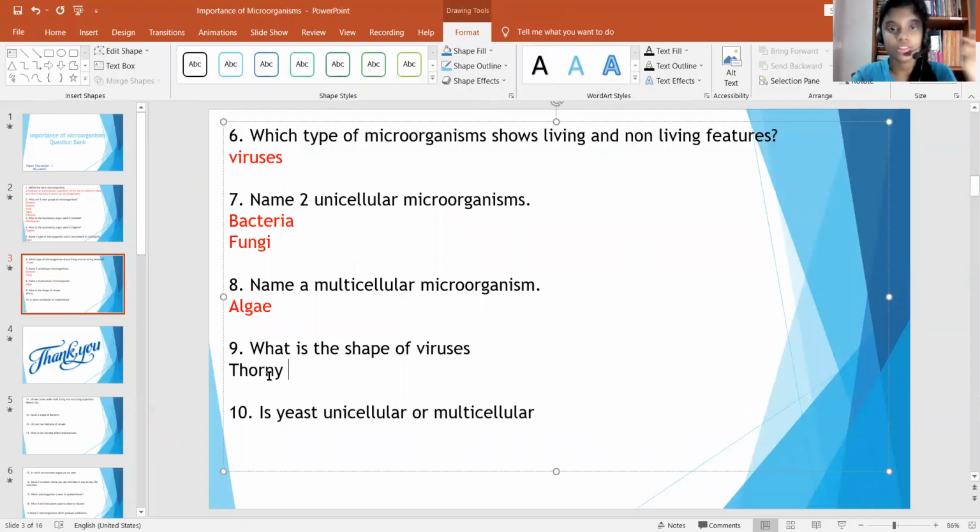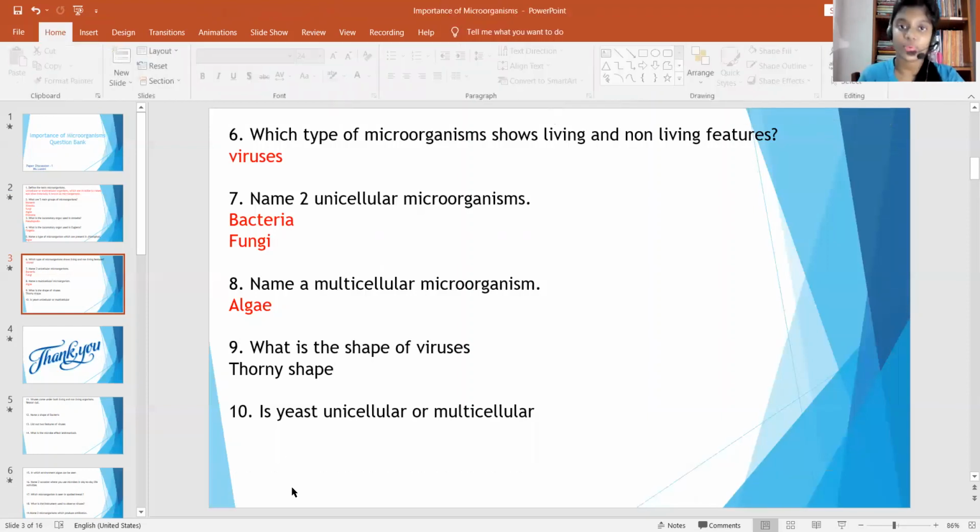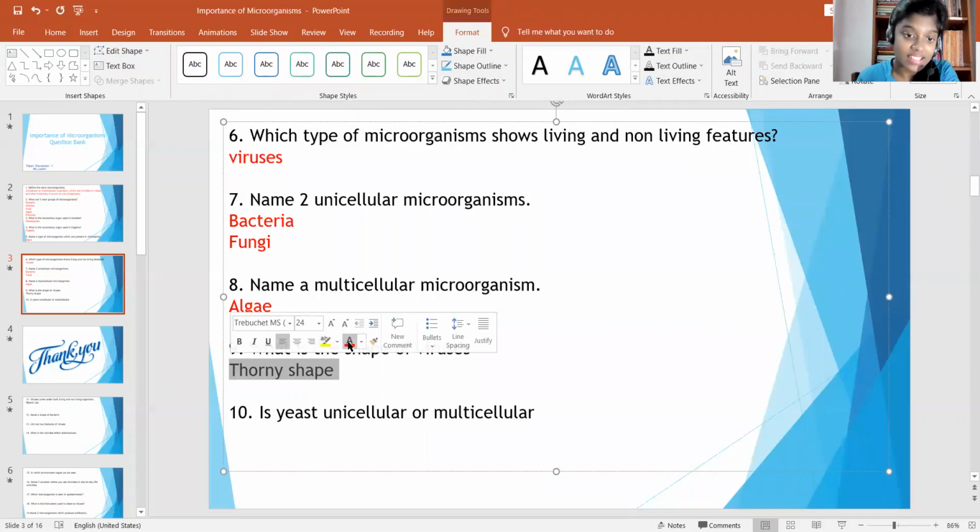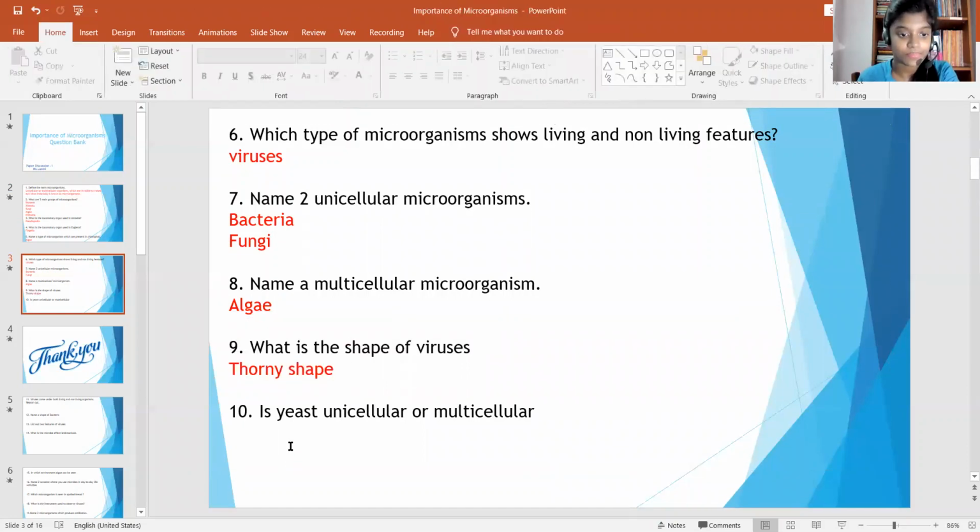Thorny shape means looking prickly. Have you seen rambutans? Yes, rambutans also look like viruses. So it is called thorny shape. It might come in your MCQs. So the shape of viruses is thorny shape.